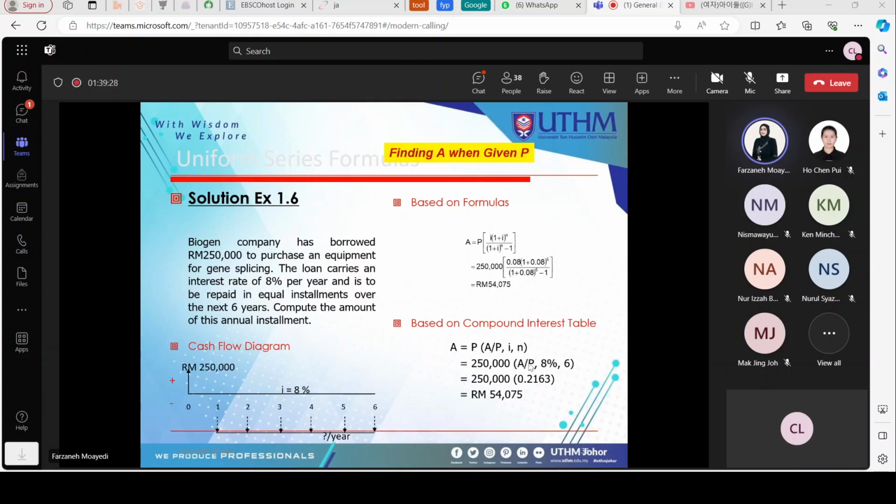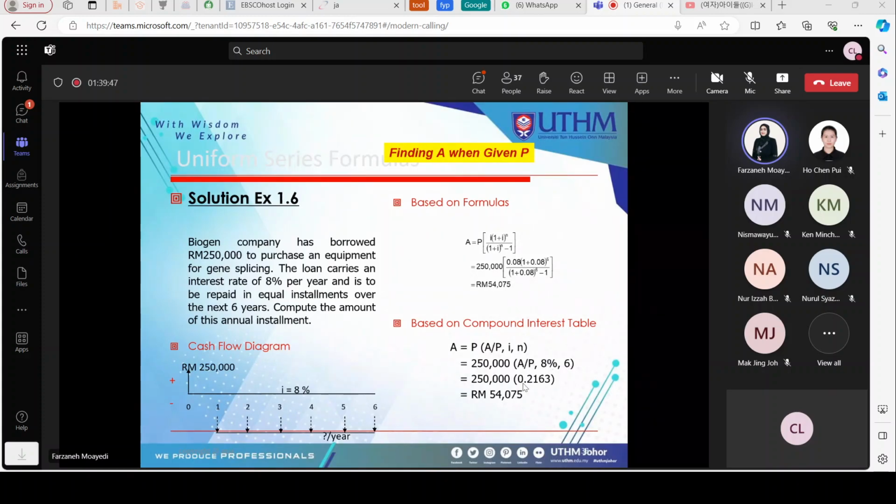A/P, so you want to know how much is that equal amount of money for each year, when the present value is something that you already know, 250,000. So at 8%, you go to the table of 8% and you go to year 6.